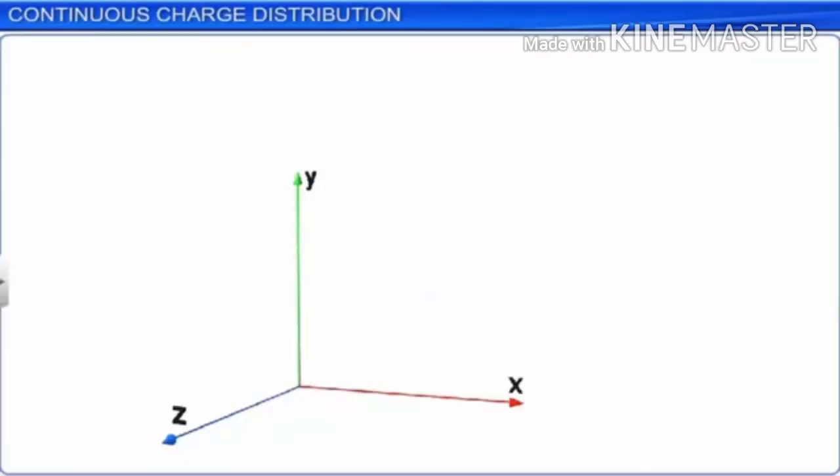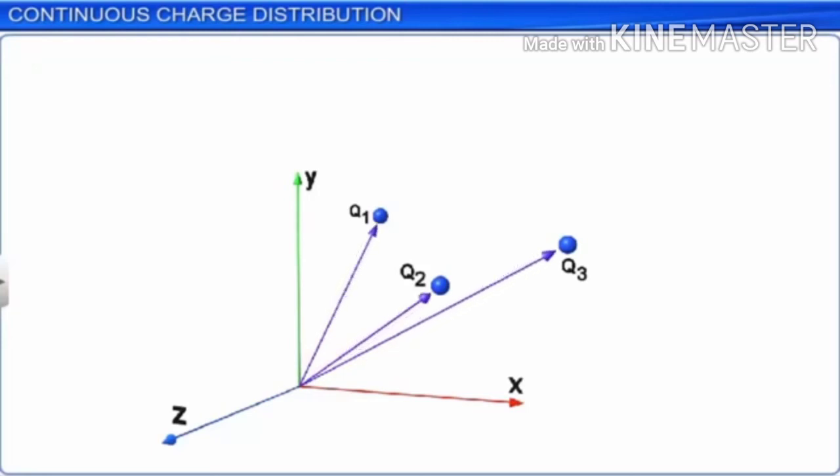Consider a region consisting of point charges Q1, Q2, Q3 and so on in air or in vacuum with position vectors R1, R2, R3 and so on relative to the origin O. Let P be a point in this region.